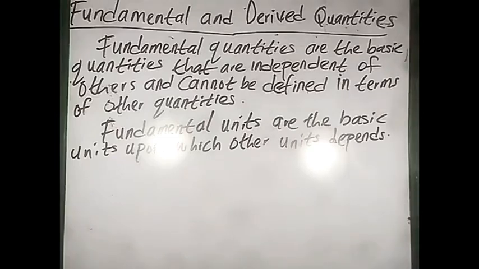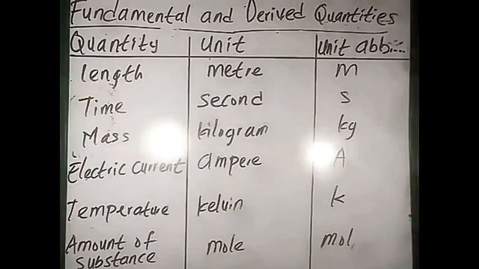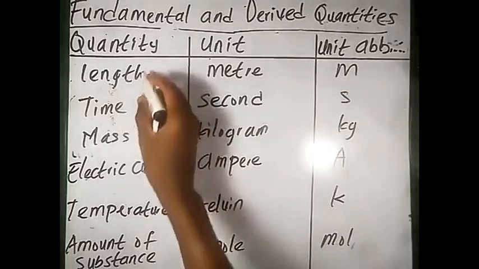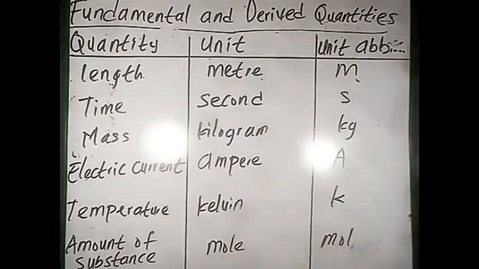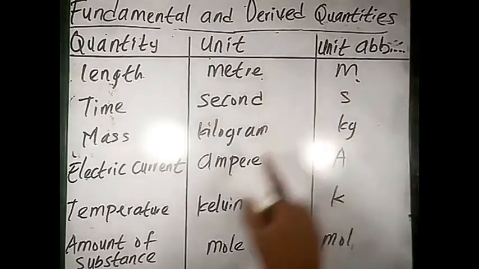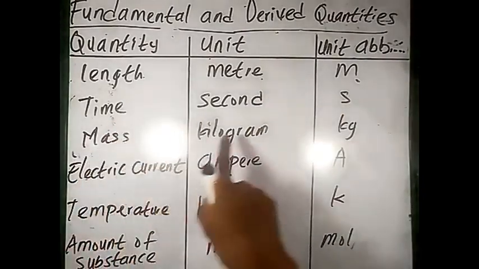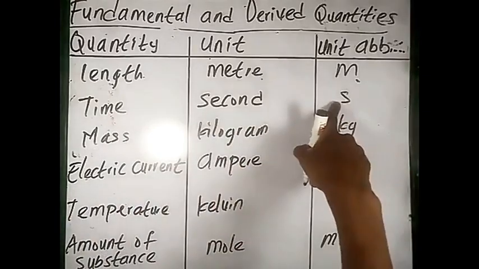Now let's move on to the examples of fundamental quantities in physics. We have length, the unit is meter, and the unit abbreviation is a small letter m. Then we have time, the unit is seconds, with its unit abbreviation.